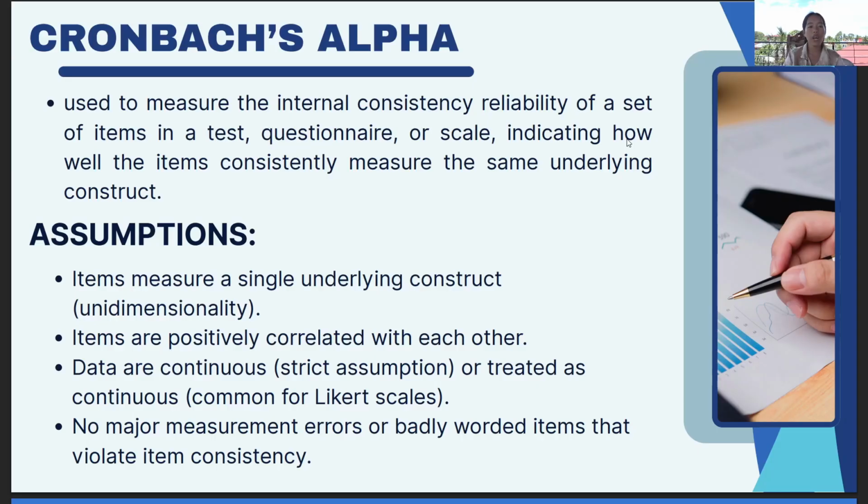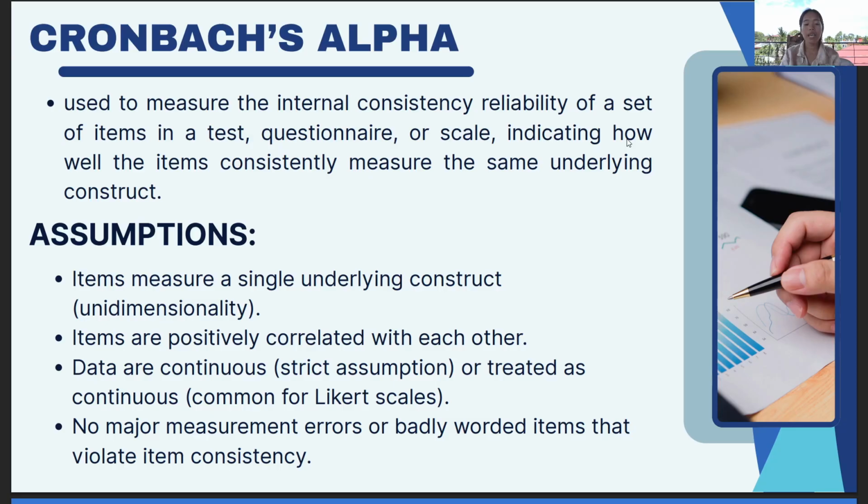Now let's go down to Cronbach's alpha. Cronbach's alpha is used to measure the internal consistency reliability of a set of items in a test, questionnaire, or scale, indicating how well the items consistently measure the same underlying construct. But we also need to meet assumptions to use this.